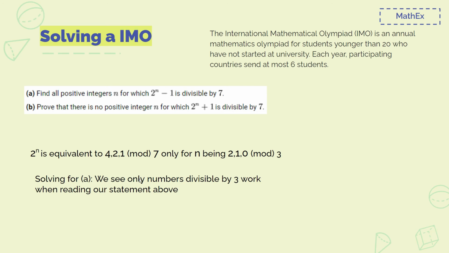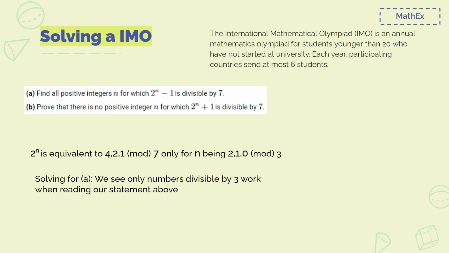Now, let's solve part B. From our statement here for B, we can know that 2 to the n can never be congruent to minus 1 mod 7.